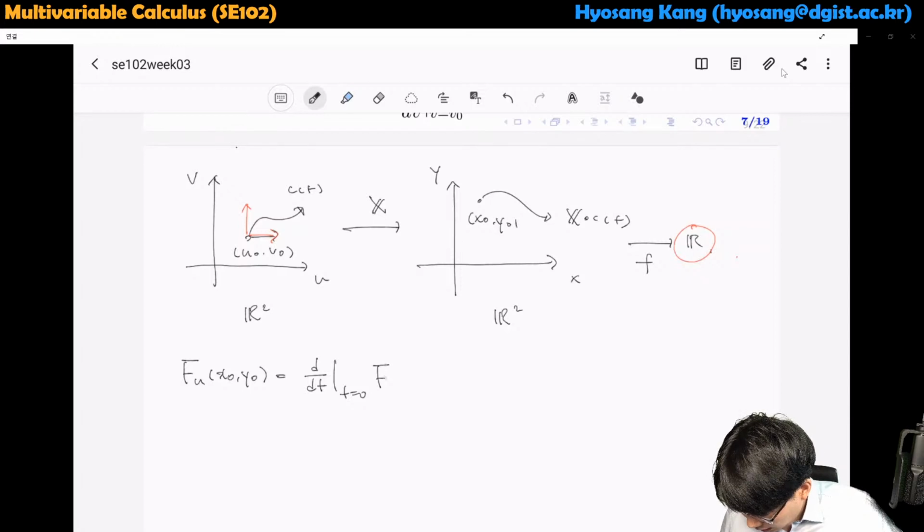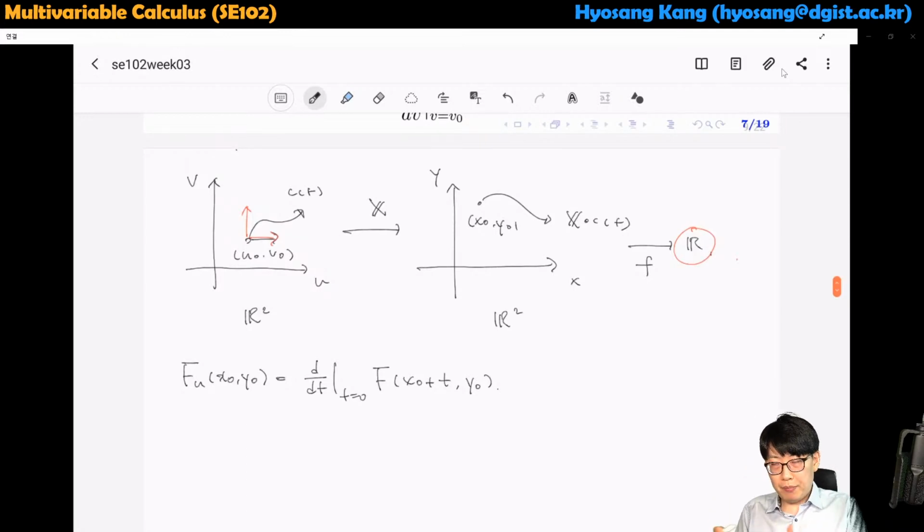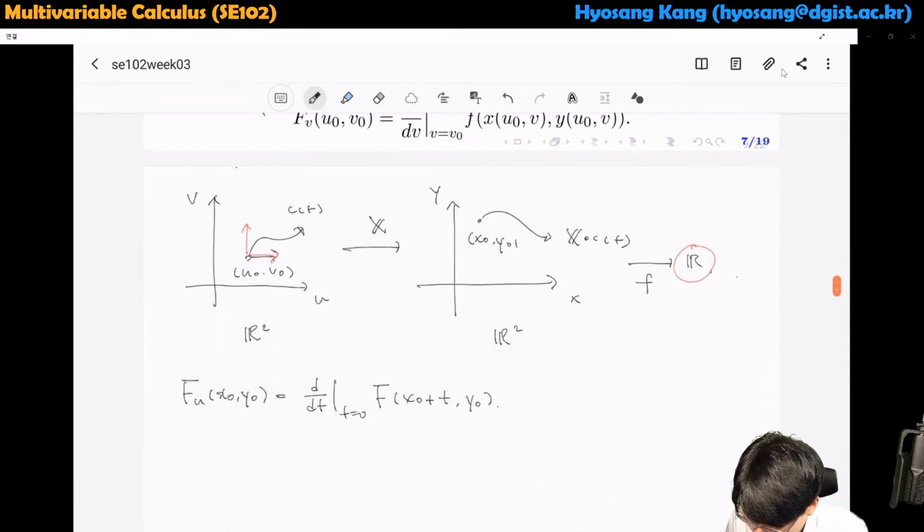So you can take f of x0 plus t and y0, because I'm looking at what happens to the value of function f when I change my point only in the u direction. So this is u0, not x0.